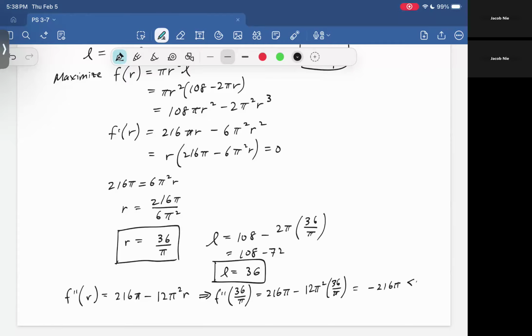Okay. So that's the second derivative at that critical point, 36 over pi. So yeah, it's a negative second derivative. So concave down, maximum. All right.